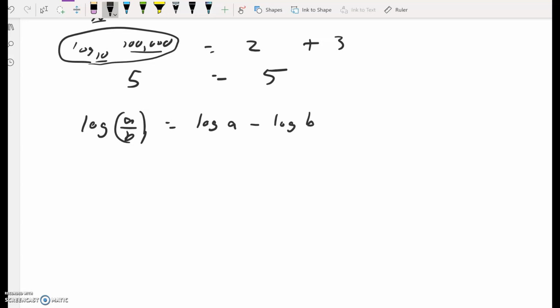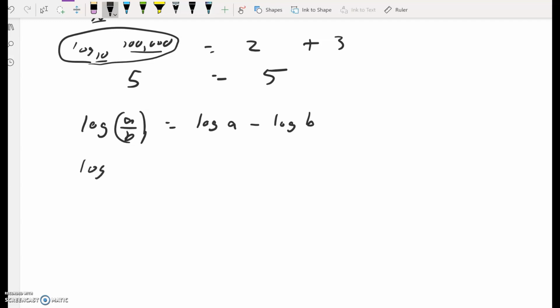And when you're subtracting, it's the logarithm of the top minus the logarithm of the bottom. And notice these logarithms could be any base. I've written them as base 10, because when there is no base, it's base 10. But it could be any kind of logarithm, any kind of base. Base 7, base 10, base 11, base e, doesn't matter.